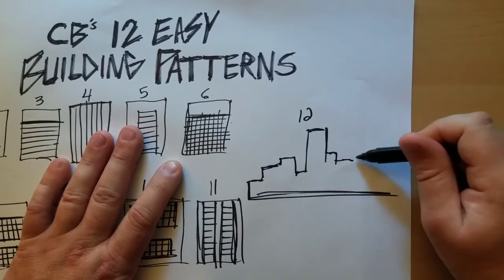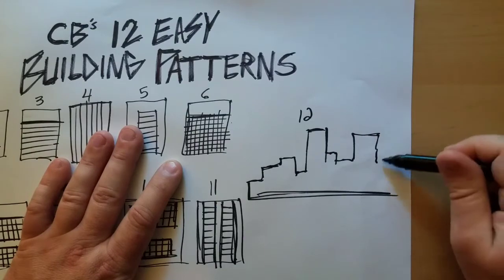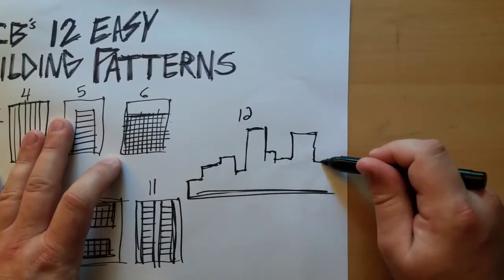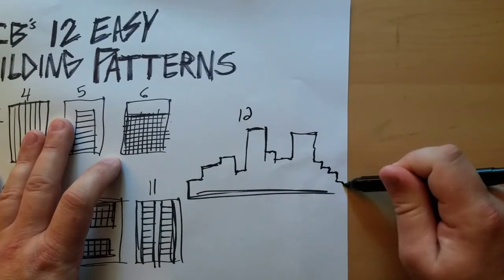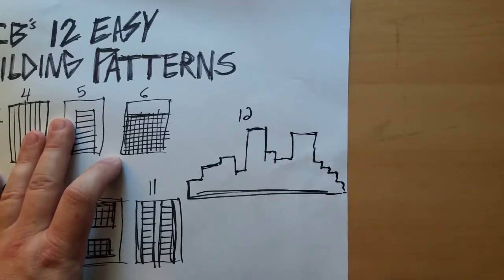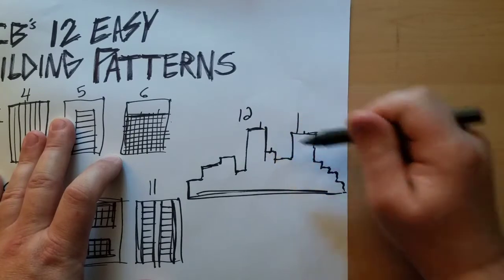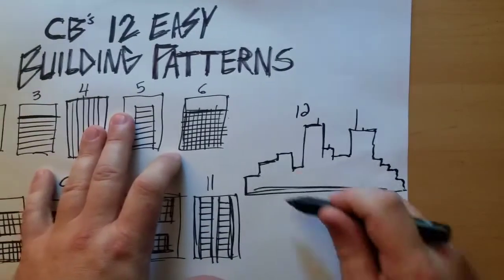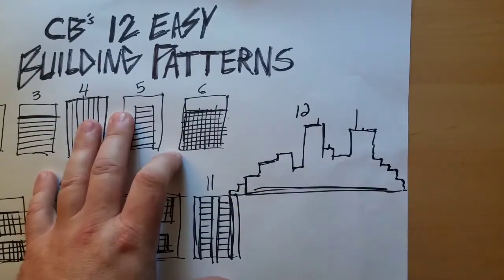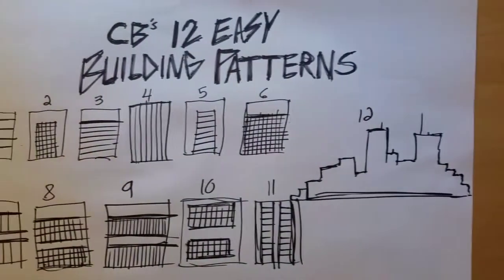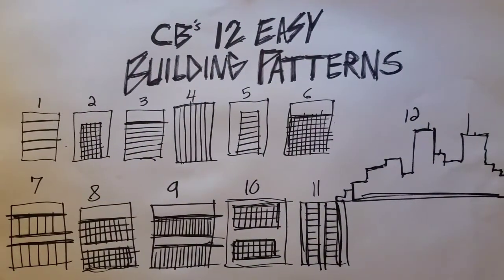You dip down some more, go up, you come here, and then some jagged edges there. And maybe you want to add an antenna or two, as some cityscapes have. And so there you have it. There is 12 easy building patterns.